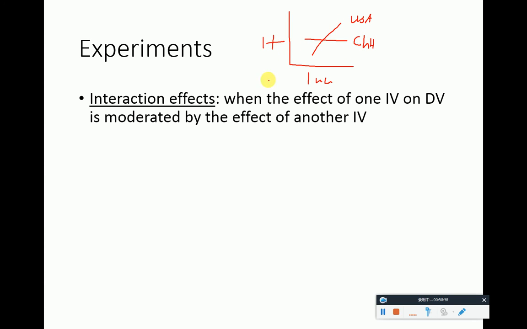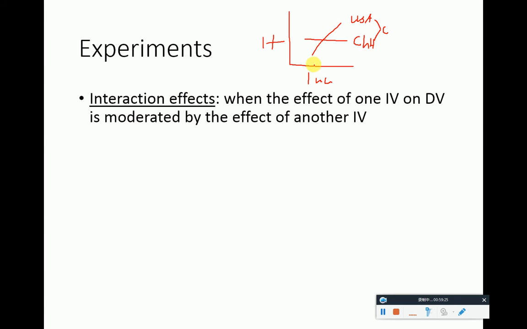So here is moderation, because obviously the two effects are different. The effect of income on happiness is different depending on another variable, which is country here. Country takes the value of USA or the value of China.